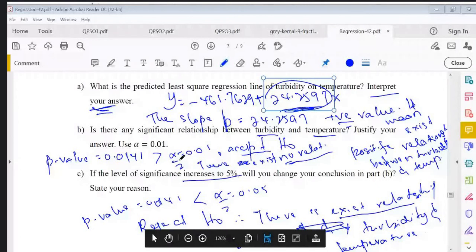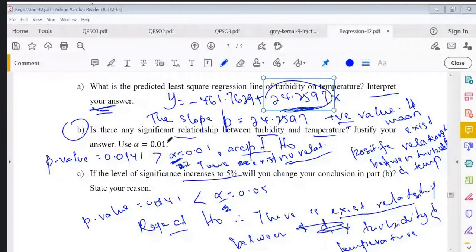For question number B, you must divide by 2, because this question does not mention positive or negative. When not mentioned, you must divide by 2. You must compare with 0.05; this alpha must be divided by 2, so 0.025.